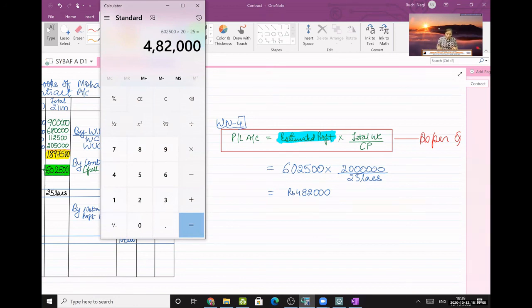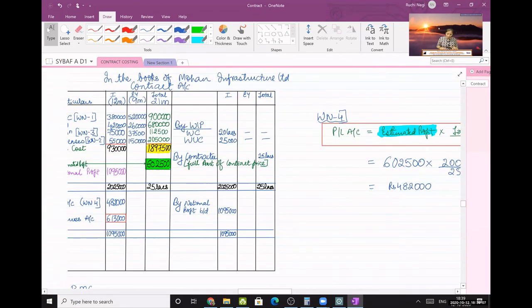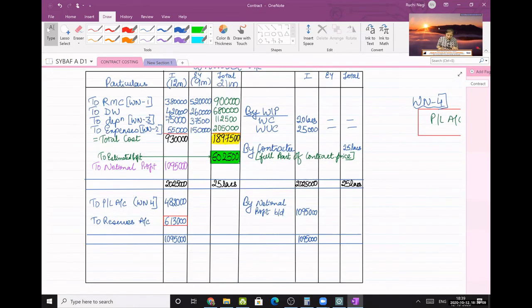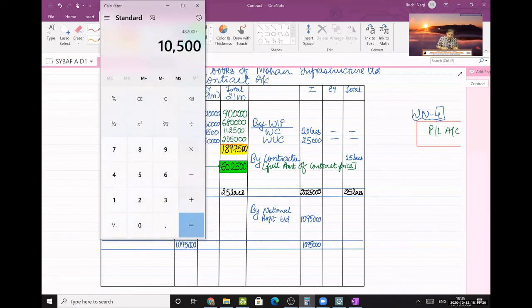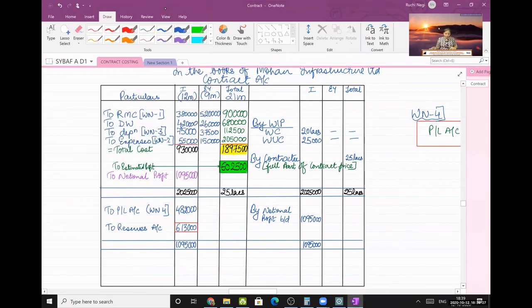So my answer is 4,82,000 will be transferred to P&L and the balance will be transferred to reserves. Minus 10,95,000. 6,13,000 will be transferred to reserves.